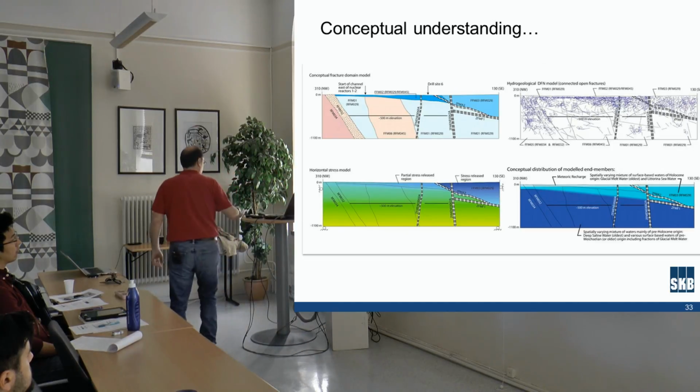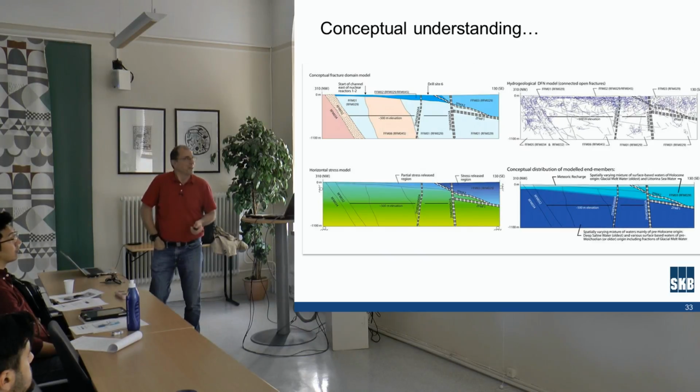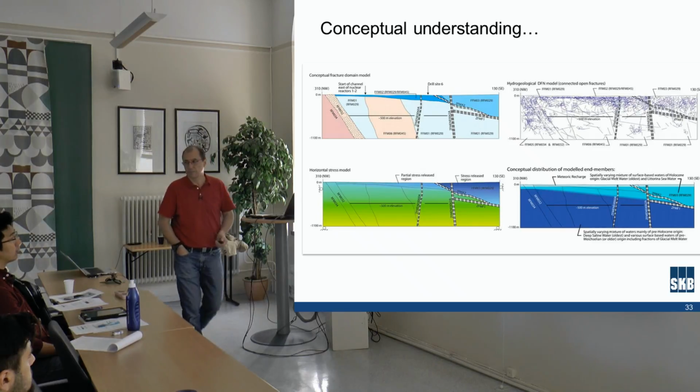And notice, I love this picture because here's the geological model. You see this, you remember this, the upper part of the rock, the surface part. Our determination was that it's about 50 meters in the northwest and about 200 meters down here.